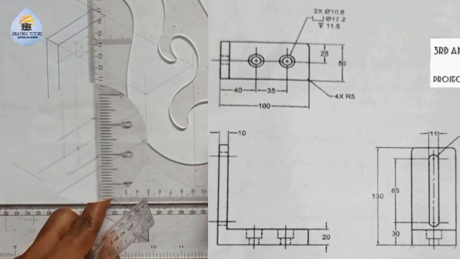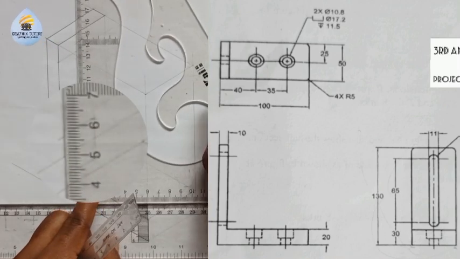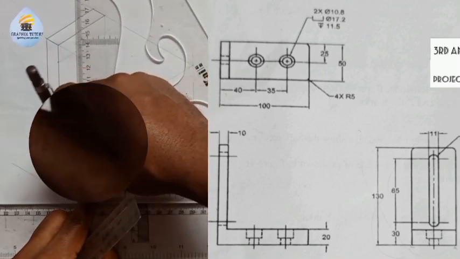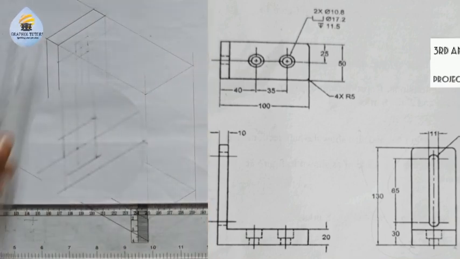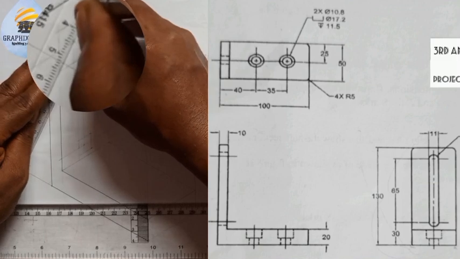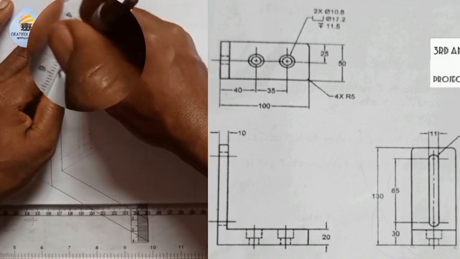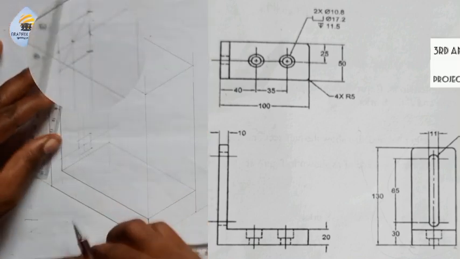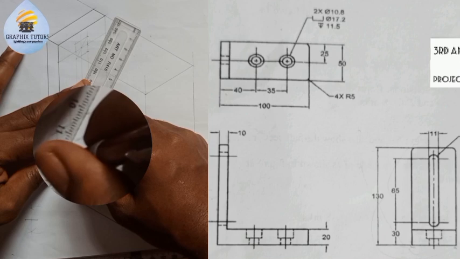So I'm going to close it up too. Now, I'm going to draw an inclined line joining the longest diagonal, which is this. I'm also drawing this, which is this.